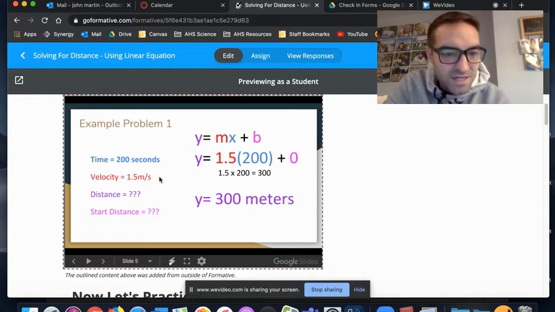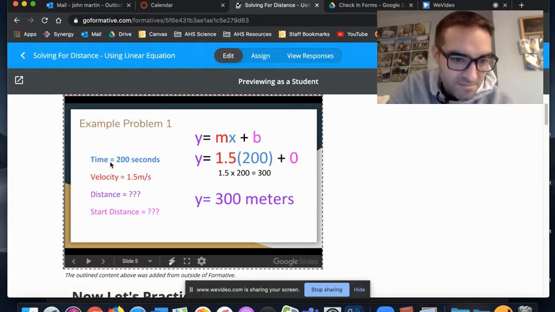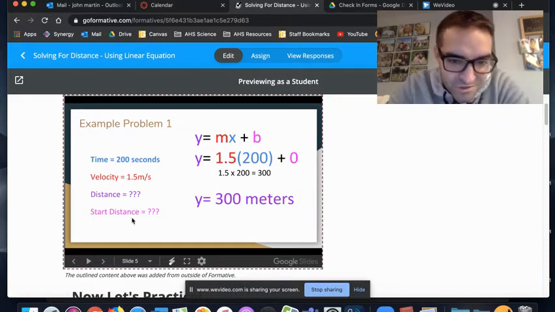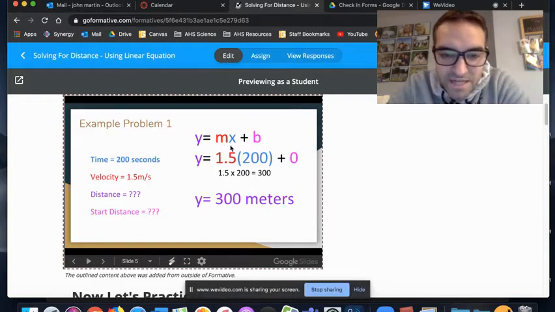So, little example problem here. I could give you the time, give you the velocity, and you don't know the starting distance. So again, you assume zero, and you're trying to solve for distance. So if I have time, which is my x, at 200, and my velocity is 1.5 meters per second, I answer 1.5. I do the math. Again, when there's no symbol between two variables, that implies multiplication.